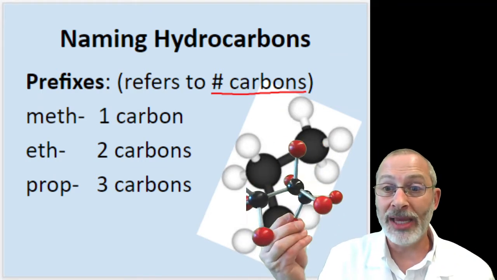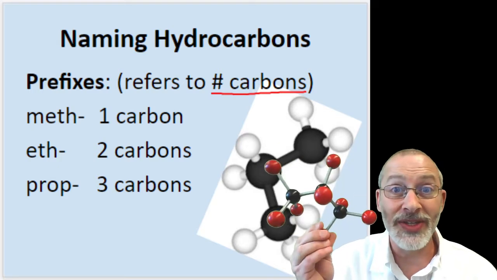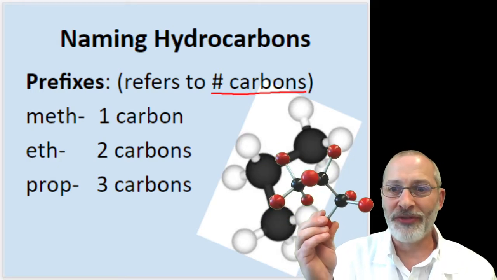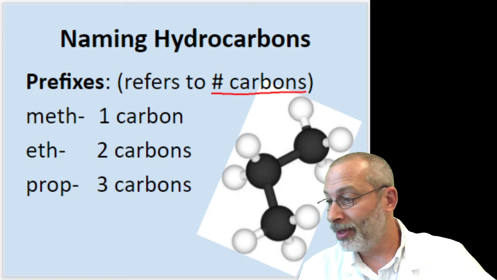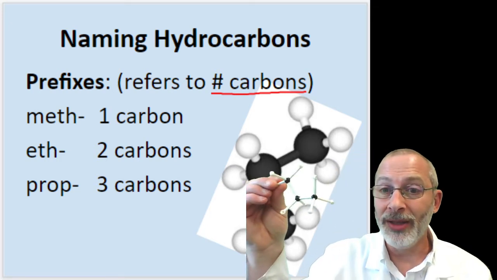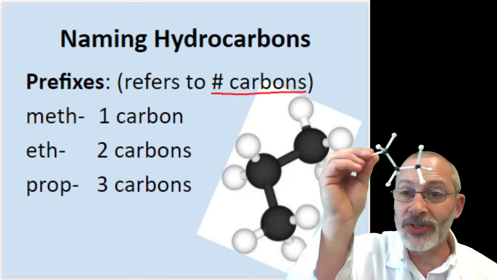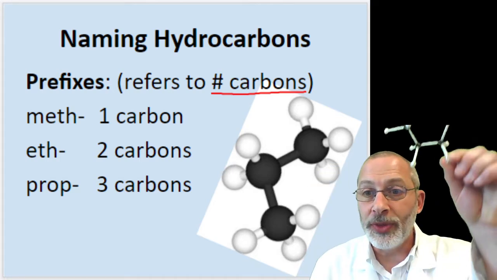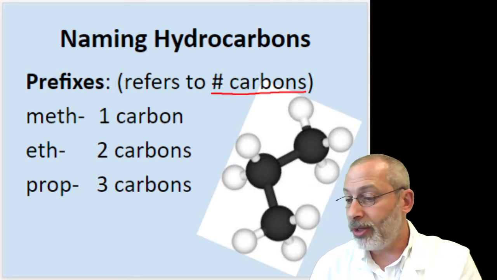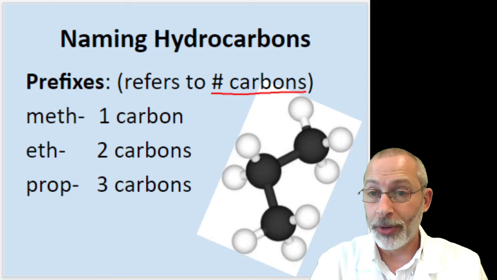This is what it might look like. In fact, this is propane. We'll find out about the suffix in a moment. And again, here's another model with 3 carbon atoms. So its name begins with the prefix prop.